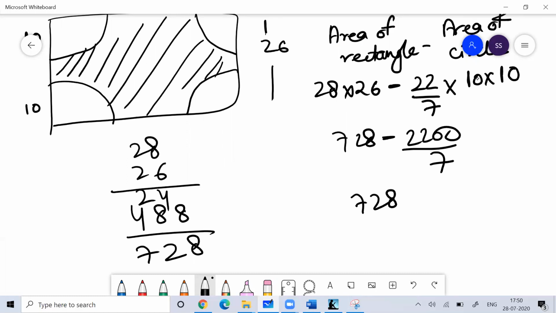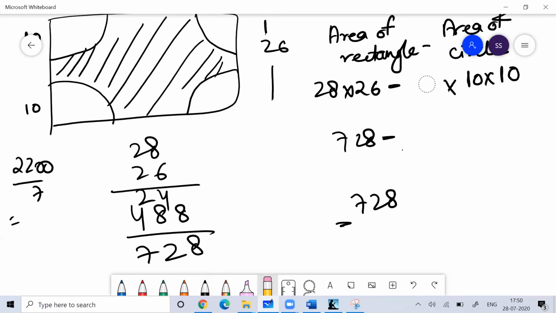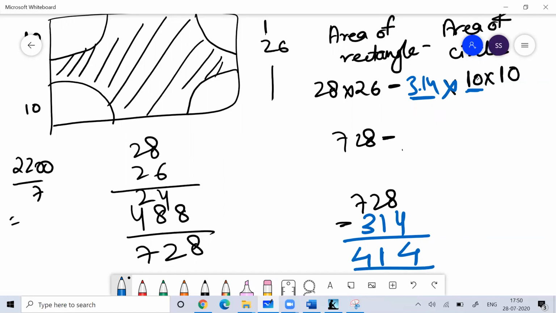Or 3.14, better I can take. So 3.14 into 10 into 10, that is 314. 728 minus 314 is 414. Area of the remaining part is 414.